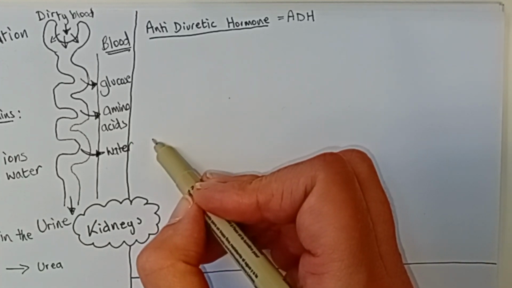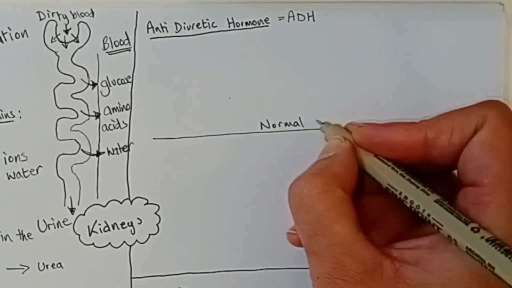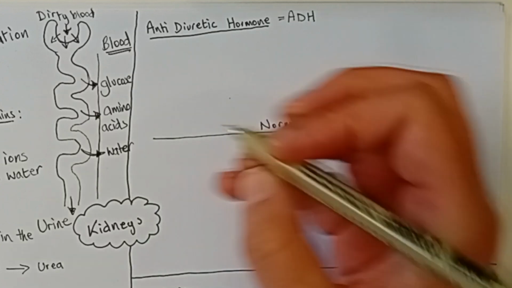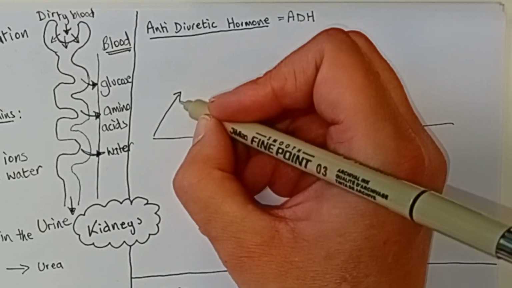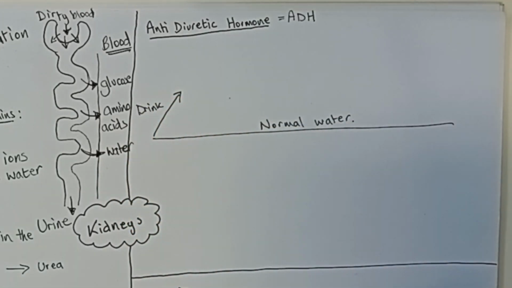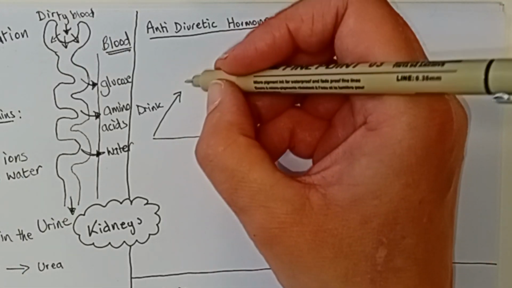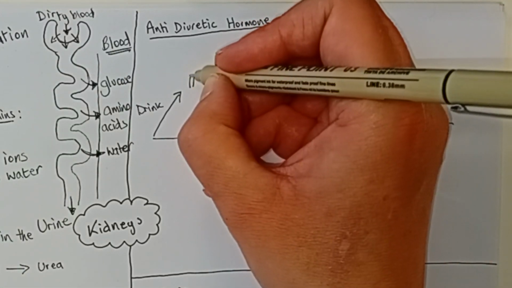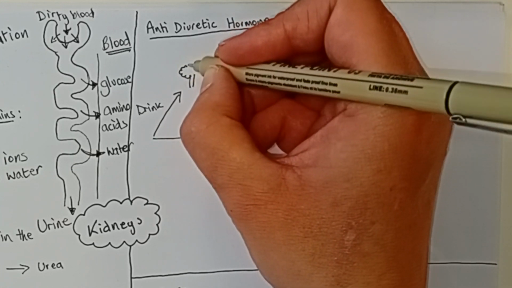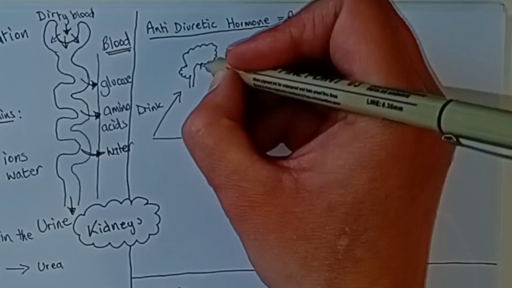I'm going to draw a negative feedback loop. So in the middle, we've got the normal water concentration. And then we're going to have when the water concentration gets too high, in other words, you have a drink. And we're also going to do down here when the water concentration gets too low. When you have a drink then, that water will go through your small intestine and end up in your blood, whereby it's detected by receptors in your brain, and they send a message to your pituitary gland.